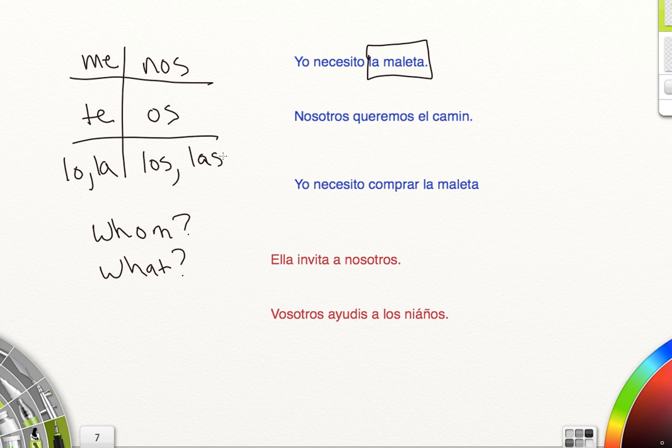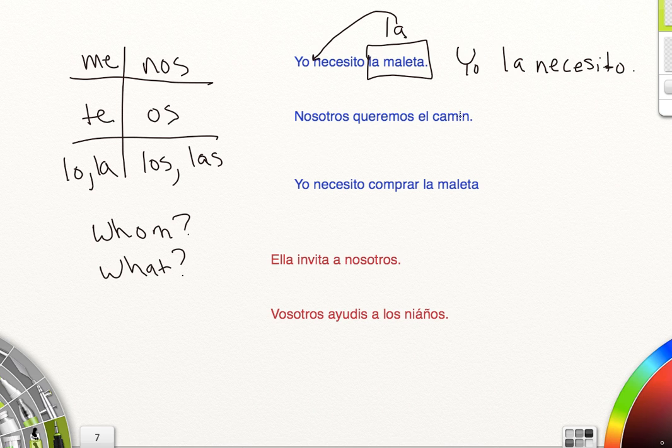Now, if we're talking about objects, we're going to be using these over here. La. Now, I've seen in the workbook activities this mistake was made a few times. When we replace something with a direct object pronoun, we don't just leave it there. We have to move it before the conjugated verb. So my final sentence would be, yo la necesito.